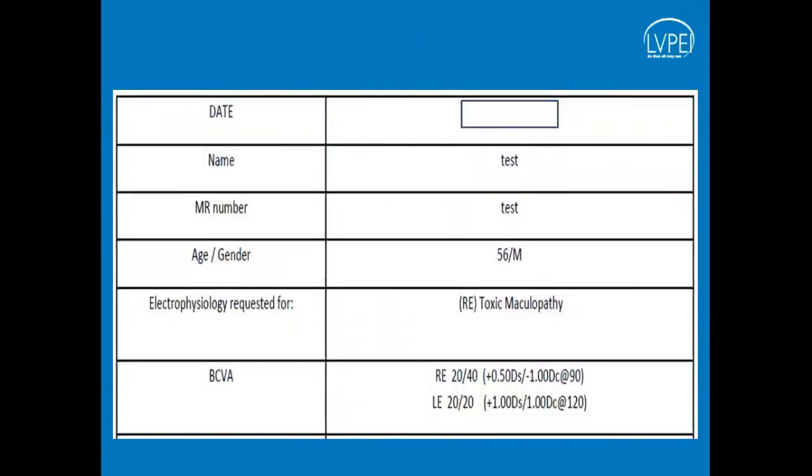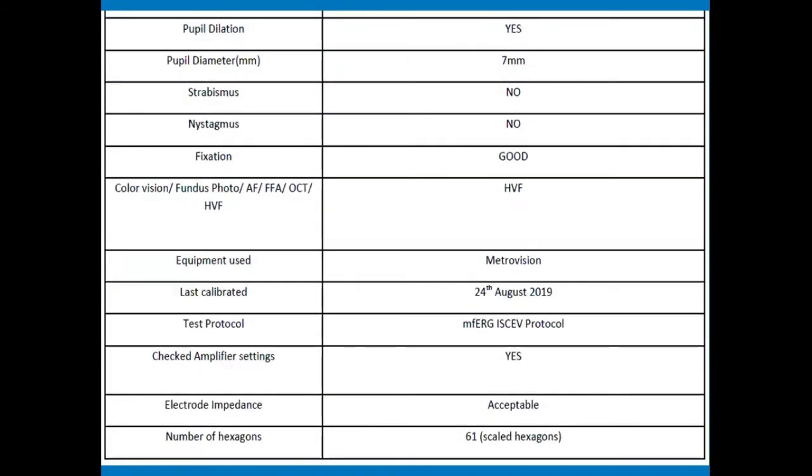Now, the first format shows the demographic details along with the best corrected visual acuity, and the corrected refraction should also be implemented in front of both eyes. While we perform a one eye test, we have to give the proper correction.